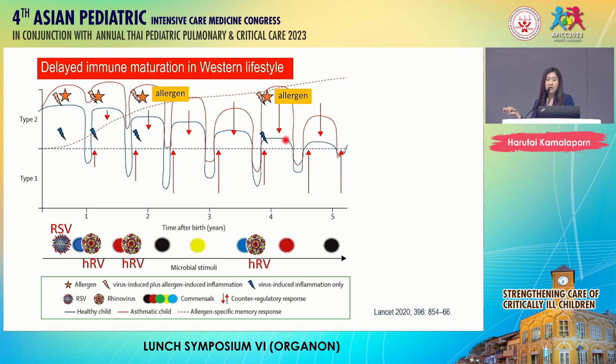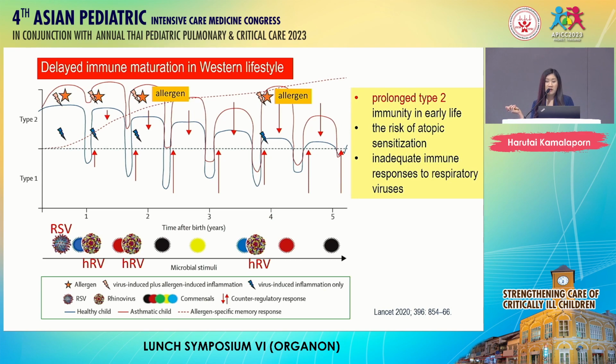So it may reach the normal state only when they reach 4 years old, which is longer than expected, and with much less allergen exposure compared to the previous curve. So this one is going to be the problem.